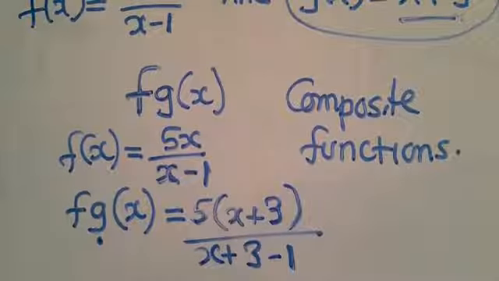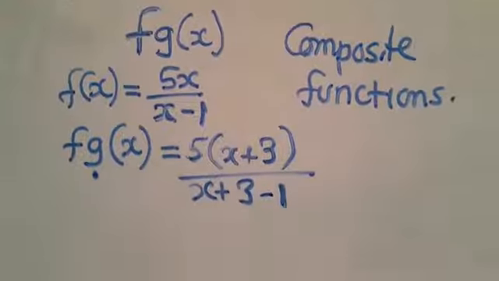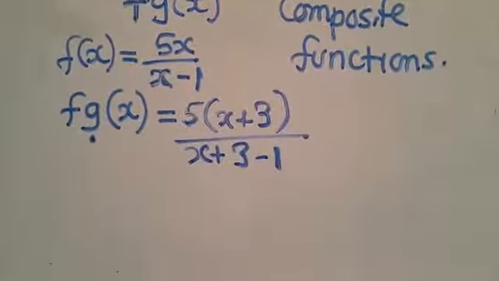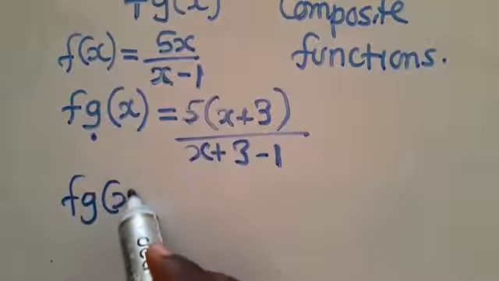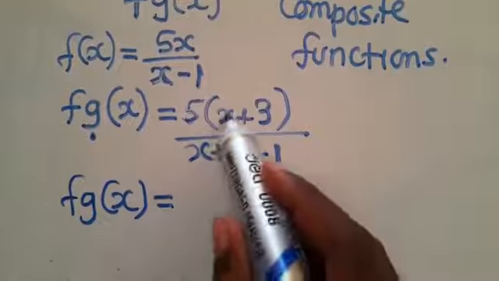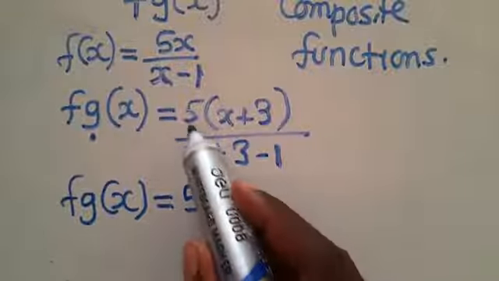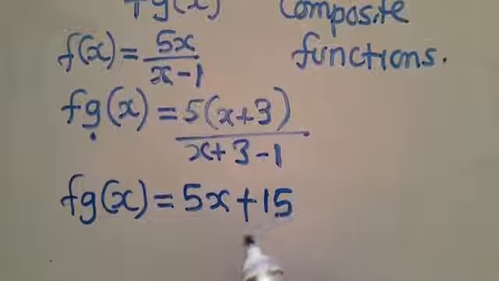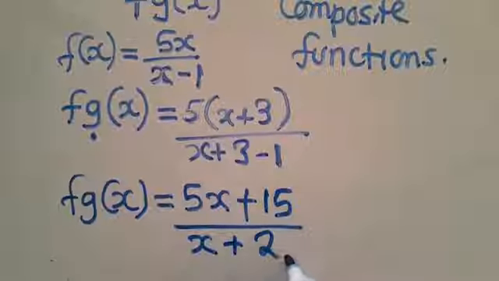When you evaluate that, what answer are we getting? So fg of x is equal to 5 times x, that's 5x, plus 5 times 3, that's 15, over x plus 3 minus 1, that's plus 2.